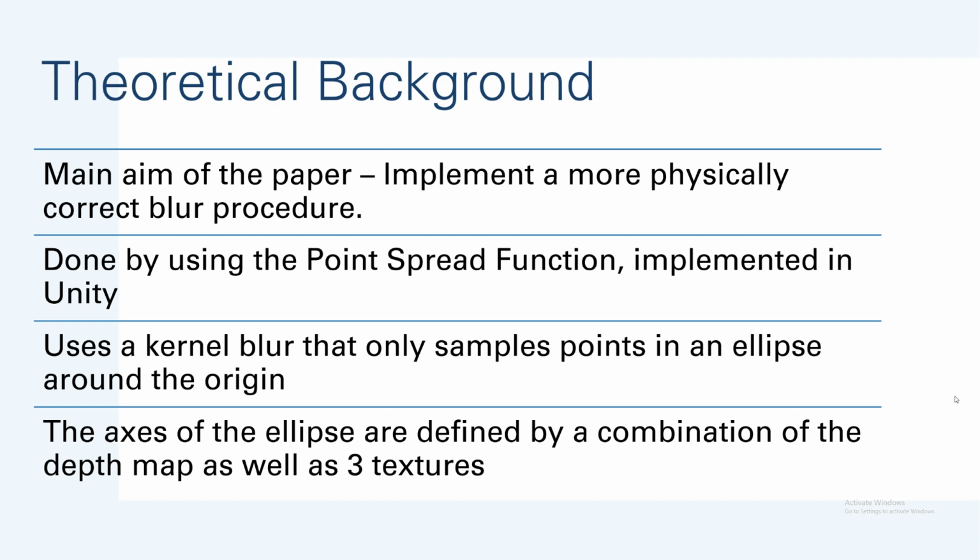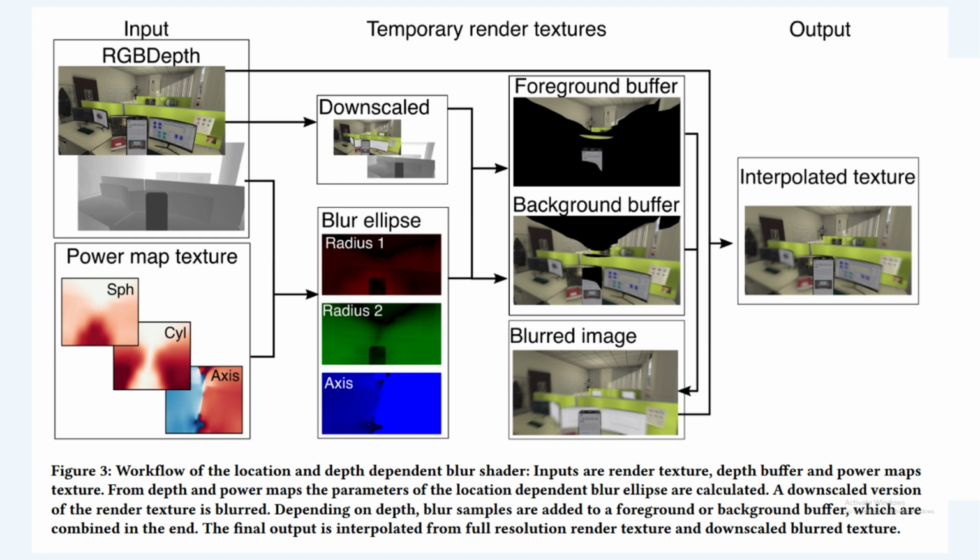So the next slide is just an overview of the methods from the paper. This is the overview of how they went about implementing this shader. On the left we have our inputs, the rendered textures from Unity, as well as these three power map textures, which define the major axis, minor axis, and rotational axis of the ellipse, as I said before.